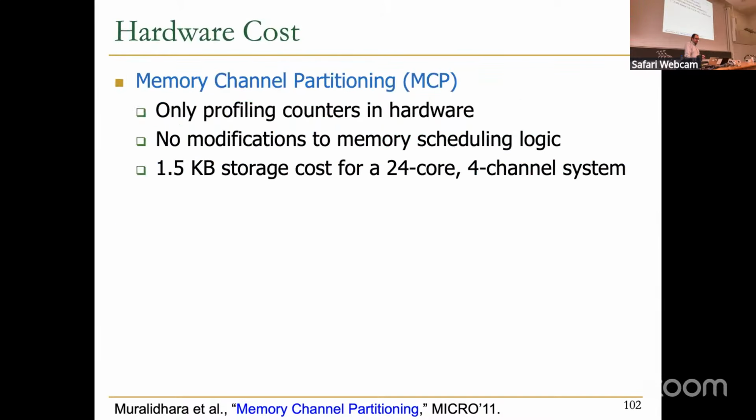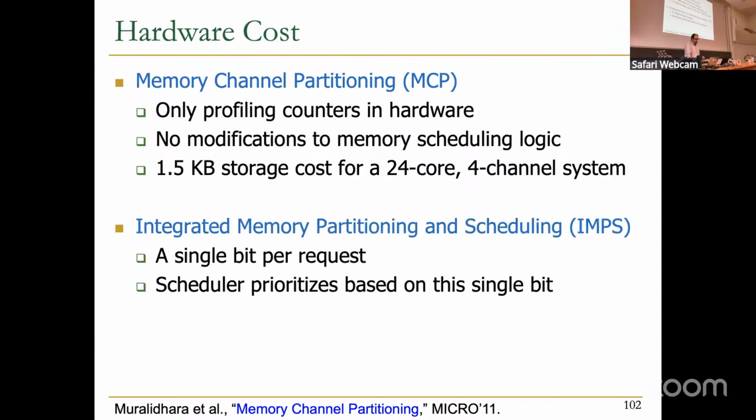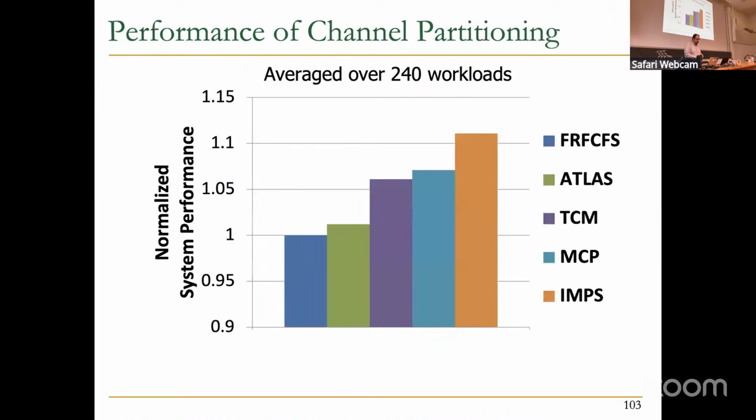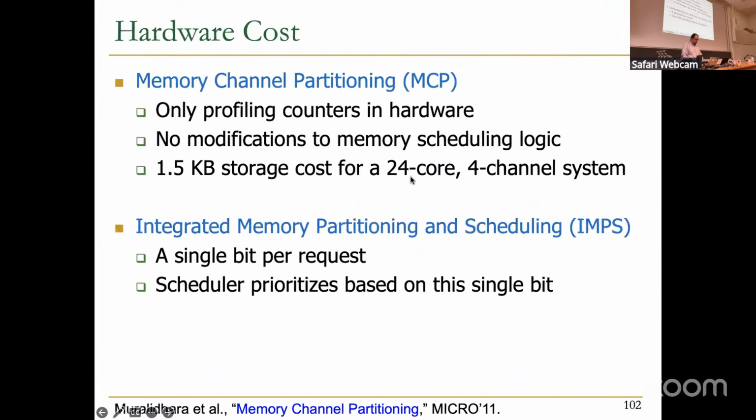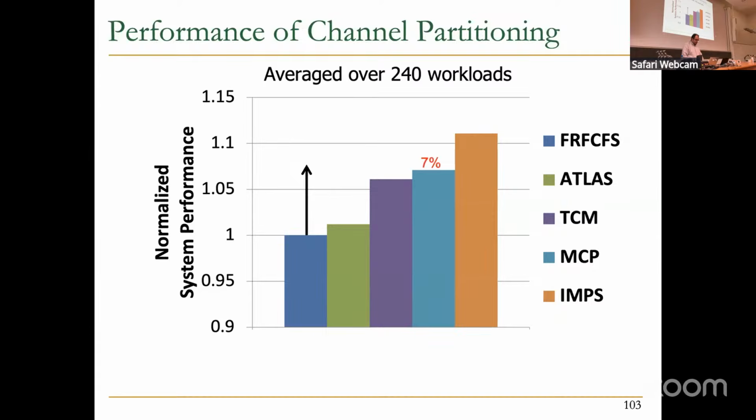The hardware cost for memory channel partitioning is relatively small, and for the integrated memory partitioning and scheduling policy it is also not that bad. So here are the results, averaged over 240 workloads. We can see that MCP provides around 7% performance improvement compared to the baseline FR-FCFS.